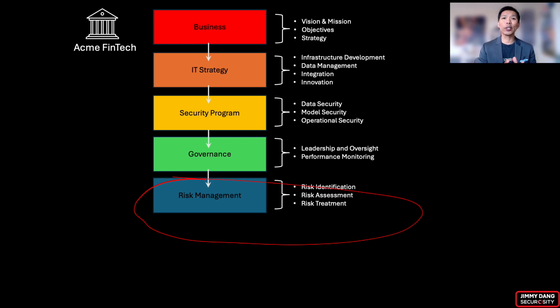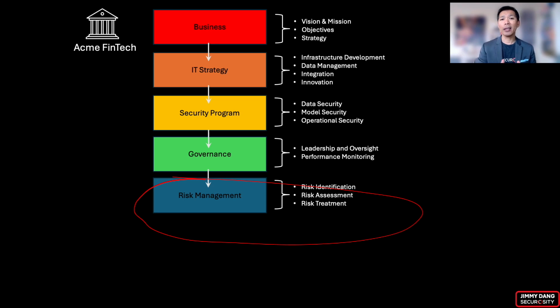Incorporating AI into our operations introduces new risks that must be proactively managed. Our risk management approach focuses on: 1. Risk identification, continuously identifying potential threats to our AI systems, including data breaches, model bias, and hallucination. 2.